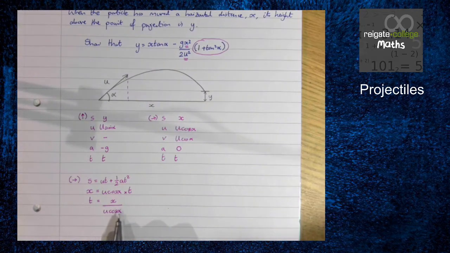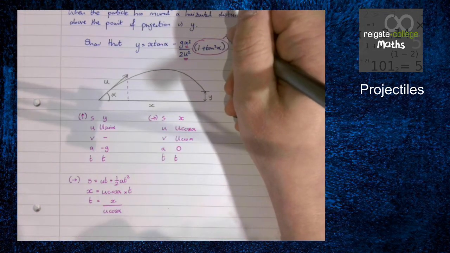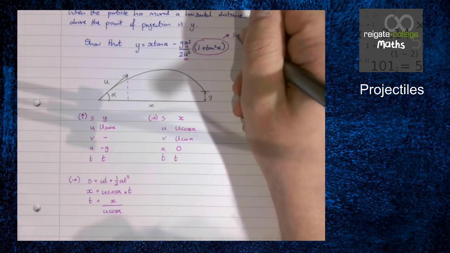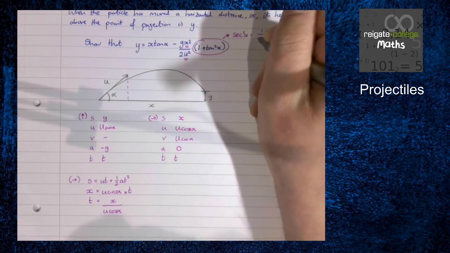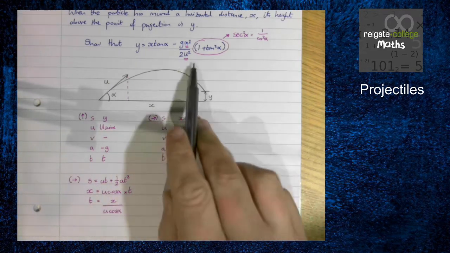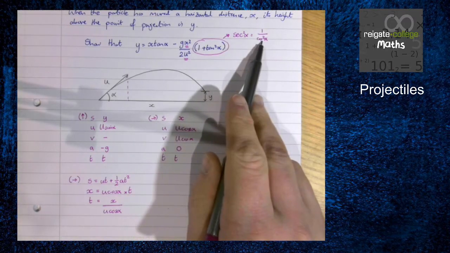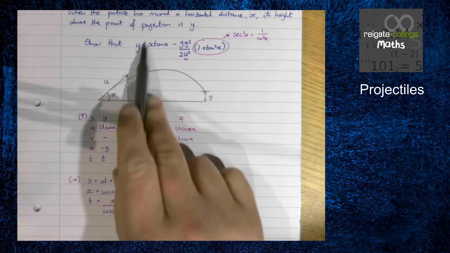Well, that doesn't look a lot like this, but it does, because we know trig identities. One plus tan squared is sec squared, which we know is 1 over cos squared, and we've got cos on the denominator. Look, they're all squared. Our formula has a t squared in it. It's also got a t, which is going to tidy things up here.